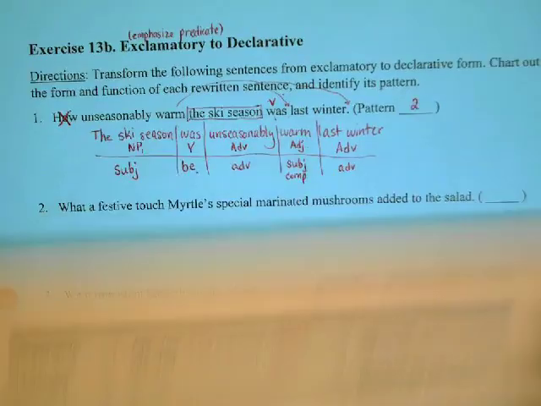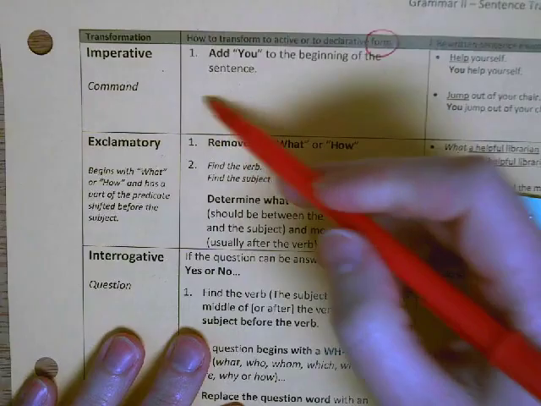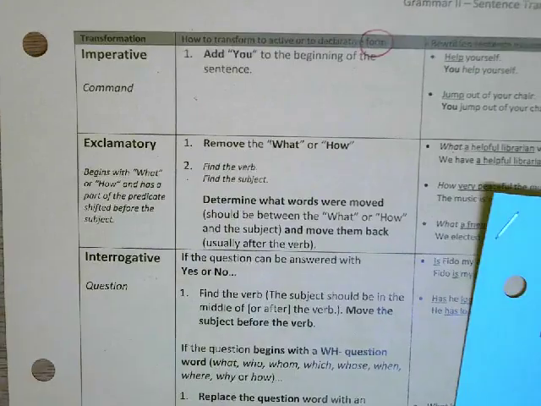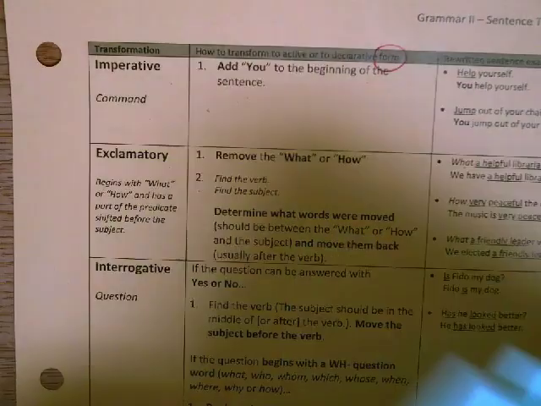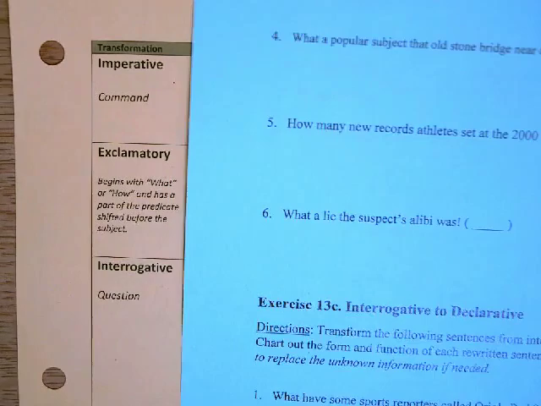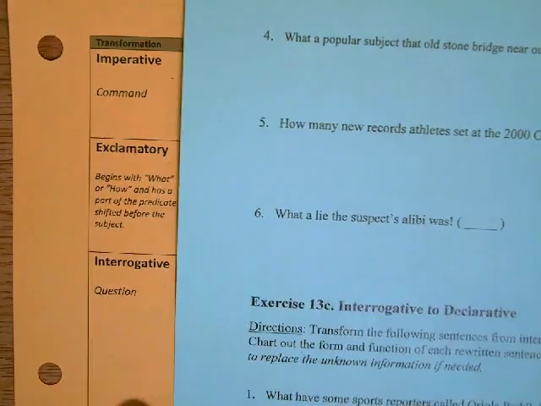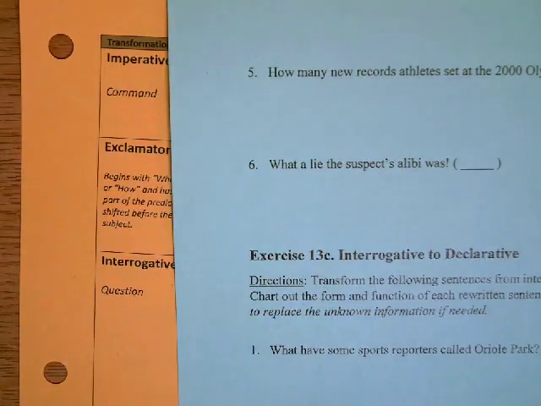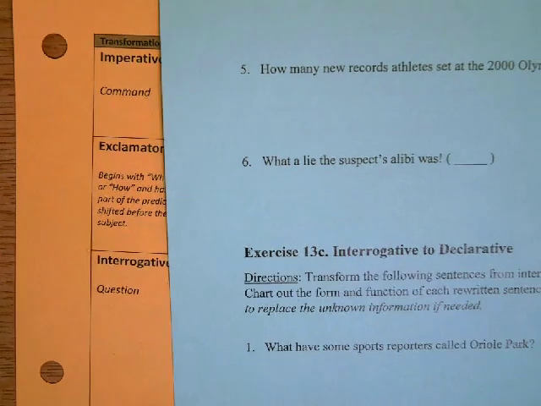Okay? All right, so that's our second transformation. So we've got commands, we've got something that's out of order for emphasis, and then we have questions. And questions are a little tricky, so we're going to take a look at those in the second video. So we're just going to kind of focus on the first 2 transformations today.